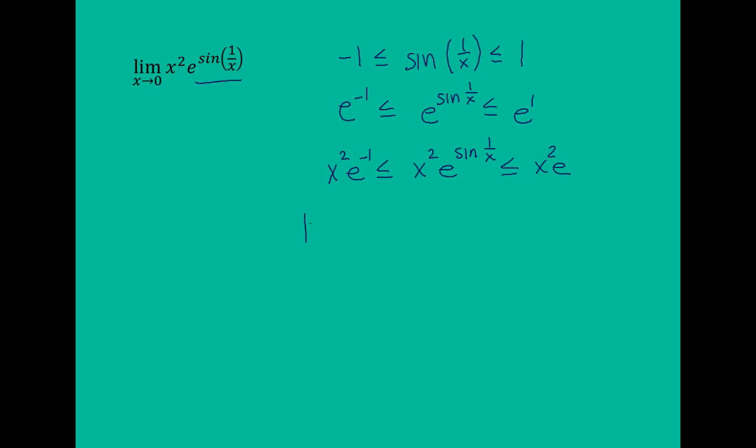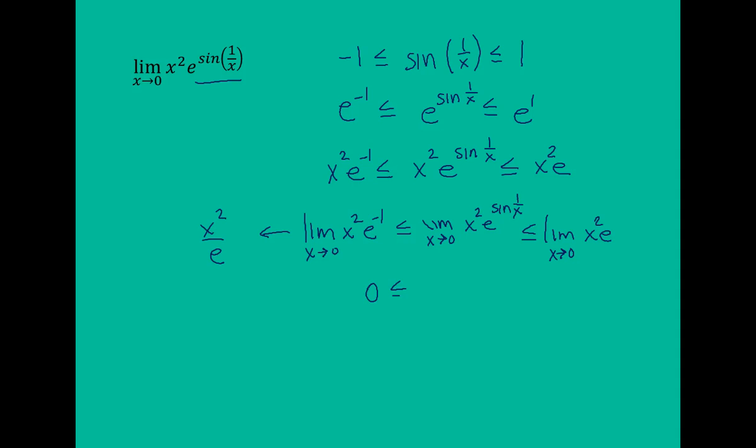And if we take the limit of each interval now, this limit here could be written as x squared over e, but as x goes to 0, we can use direct substitution.